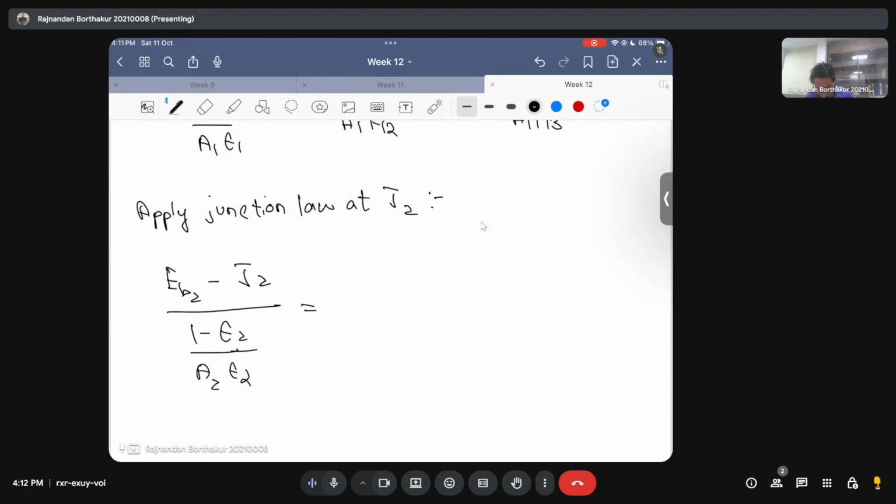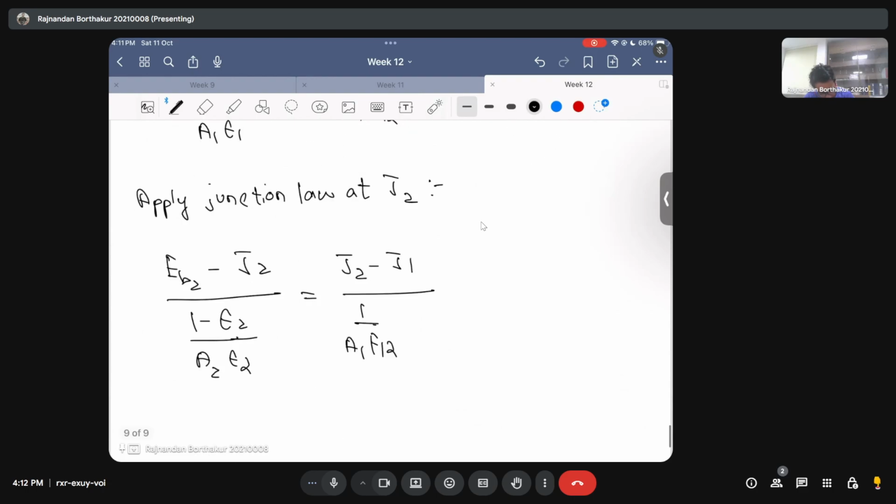Okay, and then this is going to be J2 minus J1 by 1 by A1 F12, or you can write A2 F21, that is up to you, plus J2 minus EB3, where EB3 is sigma times T3 to the power 4, divided by 1 by A2 F23.